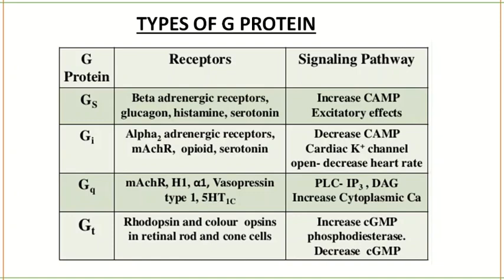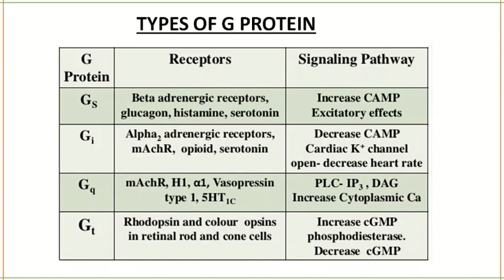So I'm just telling you what the different types of G proteins are, with some of the receptors as examples and what signaling pathways those receptors are involved in. In detail, we will study these pathways in the future lessons. Maybe when you're listening to an increase or decrease of cyclic AMP, you might not understand what I'm talking about right now.